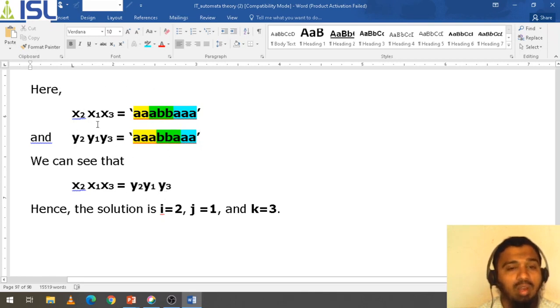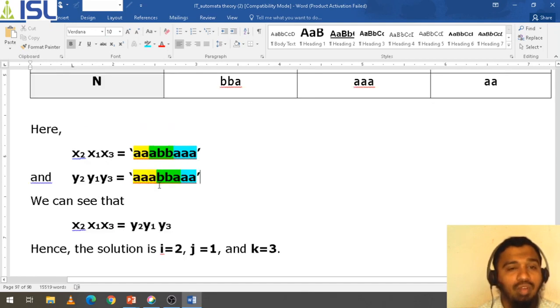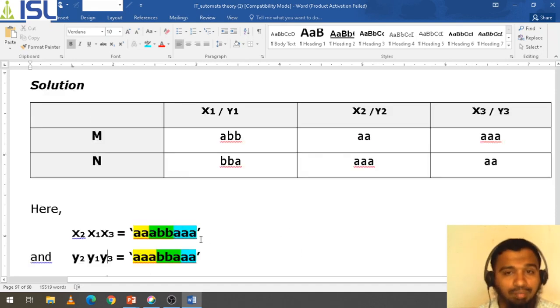Okay, y1, y3. So how did we get this? First we have taken 2, second one is 1, third one is 3. So if you go like this, then you will get the solution.